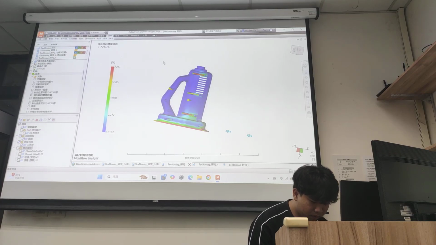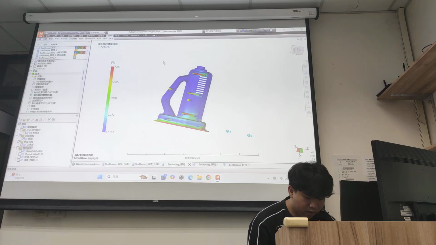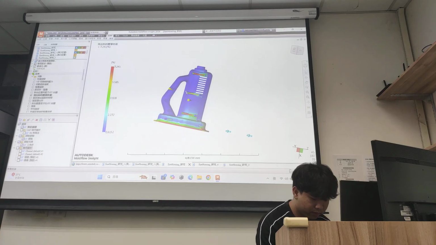You can observe that the higher shrinkage values correspond to the deeper section. We should monitor the area closely to prevent sink marks.